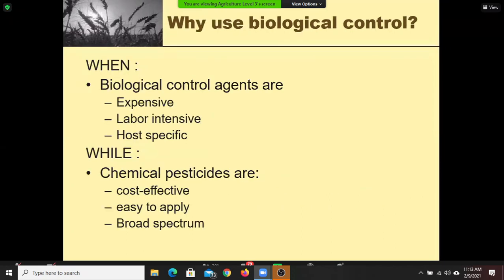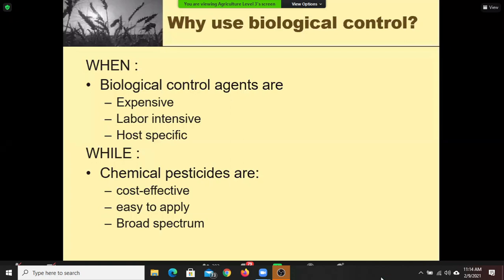So why do we need to use the biological control agent or biocontrol agent? You know that the chemical pesticides we use to control the pest or pathogen, or to prevent or control the disease, are cost effective. Those are not very costly. The price is not very high. And the chemical pesticide is easy to apply with the help of a knapsack sprayer or foot pump sprayer or other kinds of sprayer.